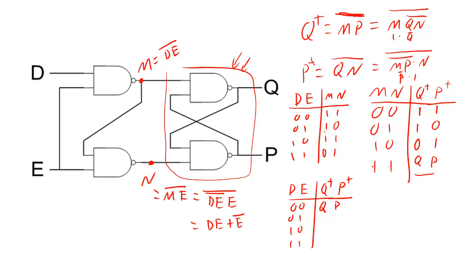And then when these guys are 0, 1, M and N are 1, 0, which gets me the 0, 1 row. And now I've got D and E are 1, 0, which tells me it's a hold. So it's QP. And then 1, 1. When I insert that, I get 0, 1, which is this row here, and I get 1, 0. And that's the behavior of my latch, which happens just to be a gated D latch.